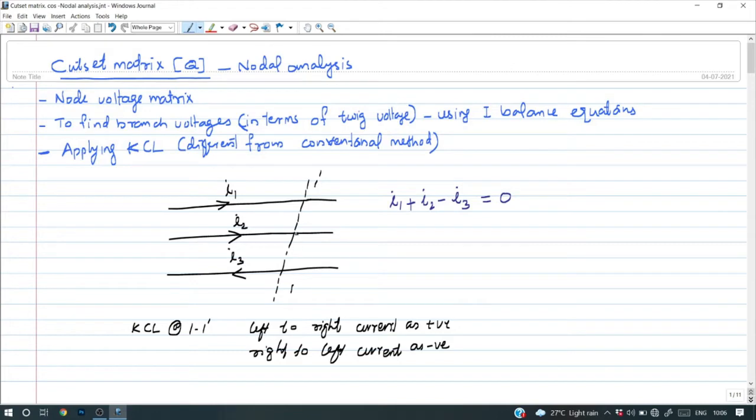A cut set is nothing but a line dividing the branches or network into two parts. Here the line 1, 1 dash is dividing these branches into two parts. So when we are applying KCL at these imaginary lines or cut sets, left to right current is taken as positive and right to left current is taken as negative. So this is the KCL equation at cut set 1, 1 dash.